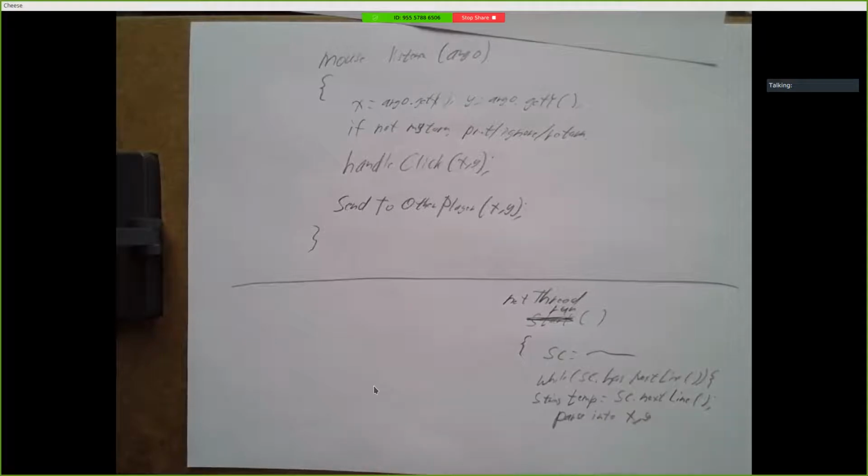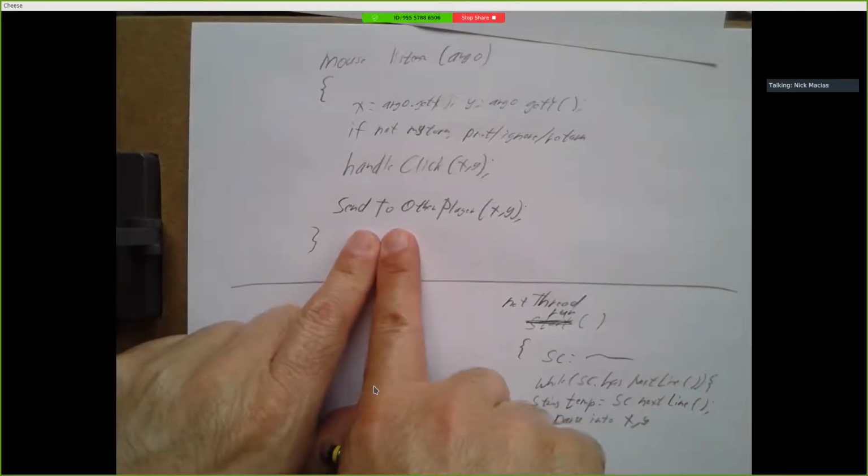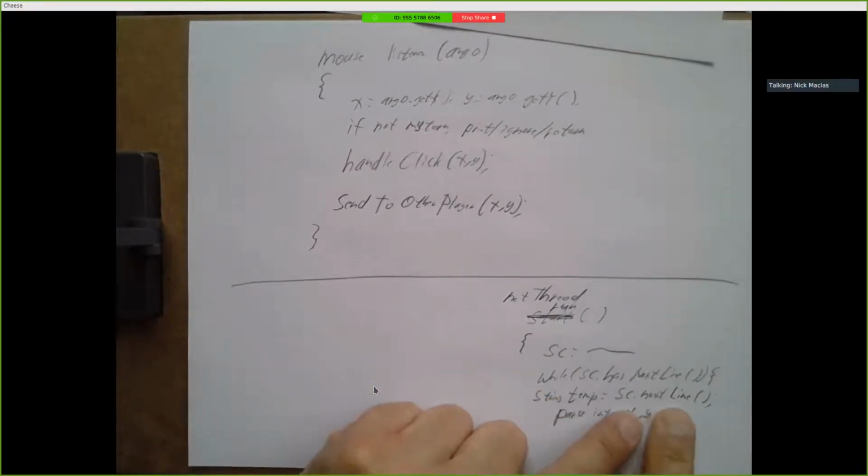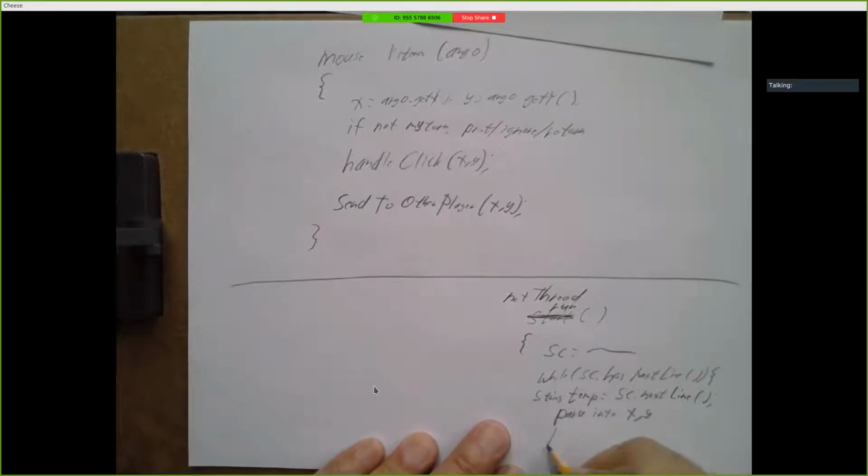Parse that line into a pair of XY coordinates, because when the other player says send to other player XY, it's going to make a string containing the X and Y coordinates and send those to you. You're going to get that when you say scanner.nextLine. Break it up. We'll talk about how to do that, but it's a simple parsing operation. And then call your handle click code.